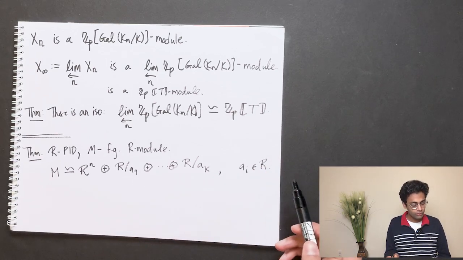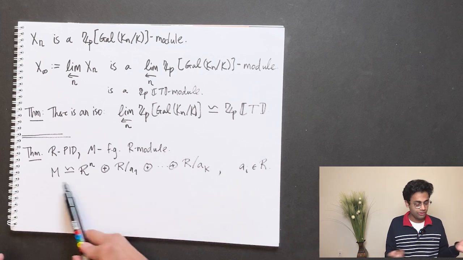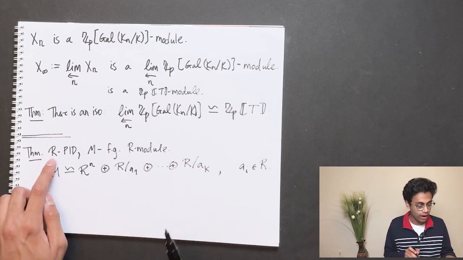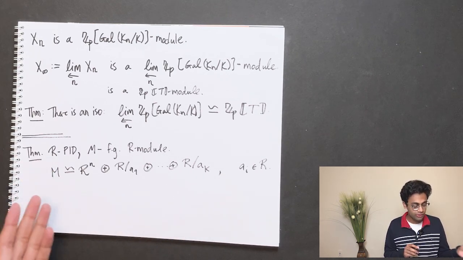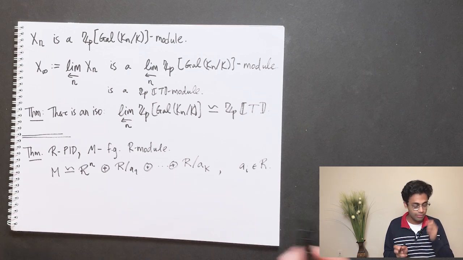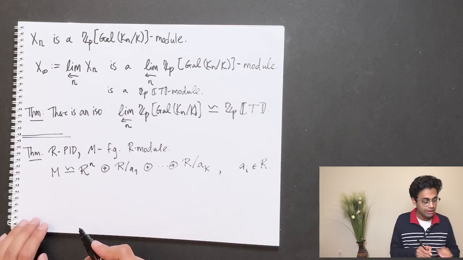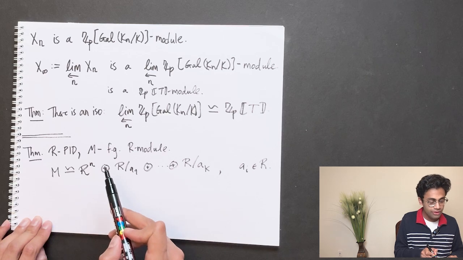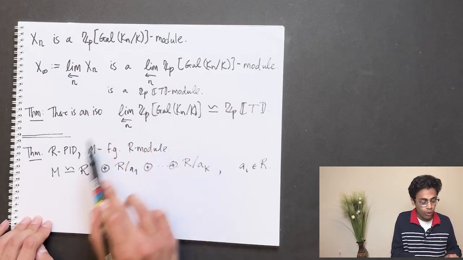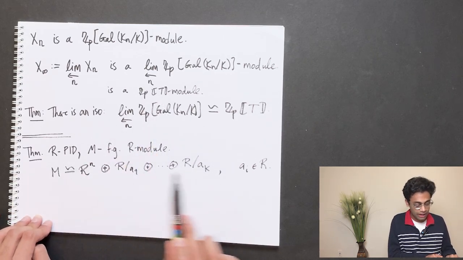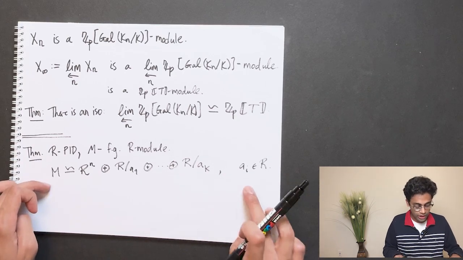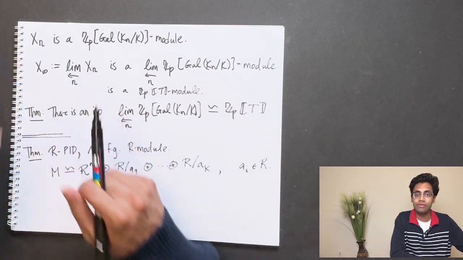Okay? So this is just a classical theorem. In the case where R is Z, this is the fundamental theorem of finitely generated abelian groups. Now, if Z_p double bracket T was a PID, we could just plug and play with this structure theorem and apply it to our module X infinity.